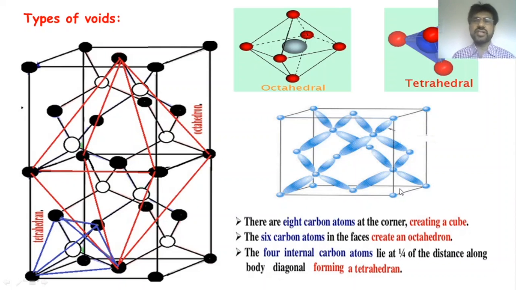We have already discussed what we mean by the octahedral site, octahedral voids and tetrahedral voids. In the octahedral void, 6 atoms are surrounded around the central atom, and if we connect them, there is the formation of an octahedron. If 4 atoms surround the central atom and we connect them, there will be the formation of a tetrahedron, and that type of void is known as a tetrahedral void.